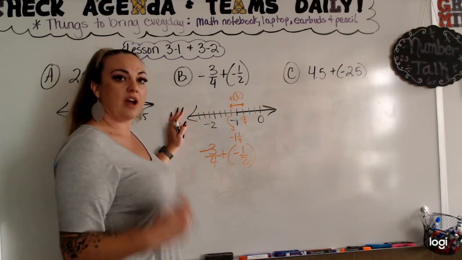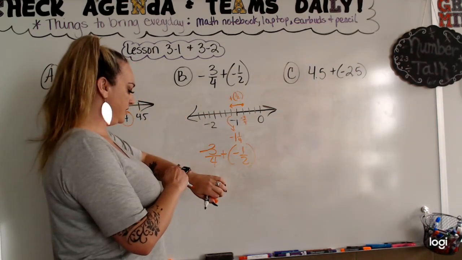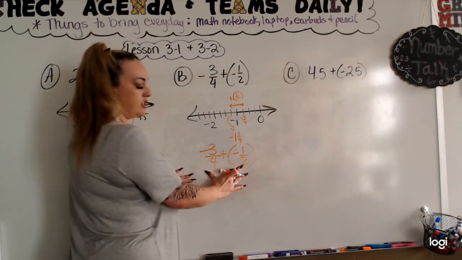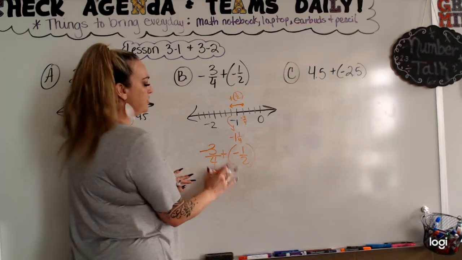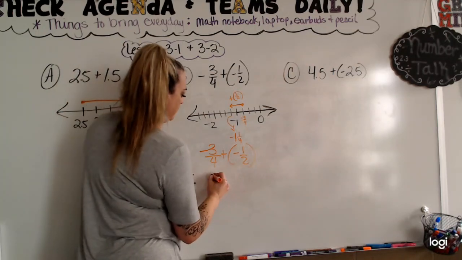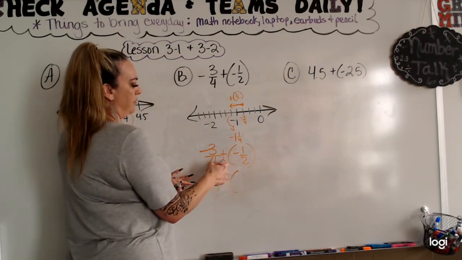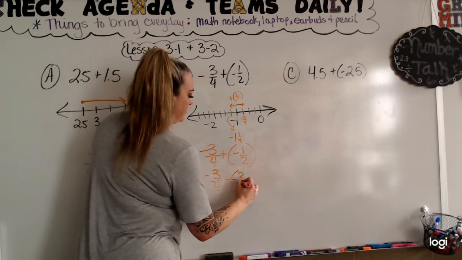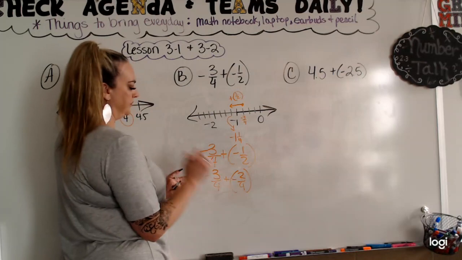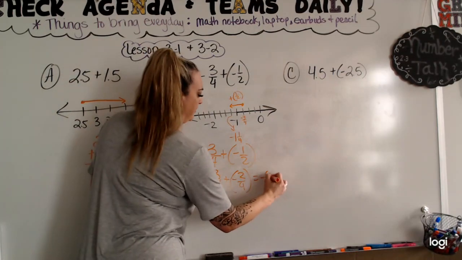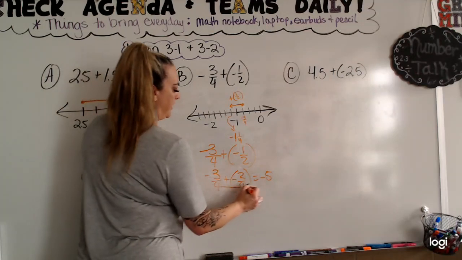We're going to work with fractions, lots and lots of practice with fractions. We cannot add fractions that have different denominators. So we're going to rewrite this one. And we can double it to get the same, so we're going to have -2/4. Well, -3 plus -2 is -5, and we keep the denominator the same.